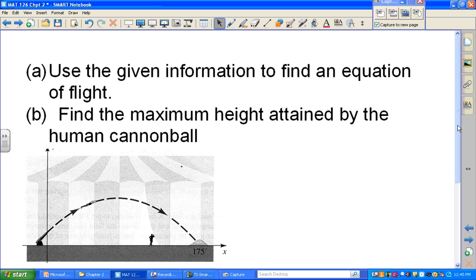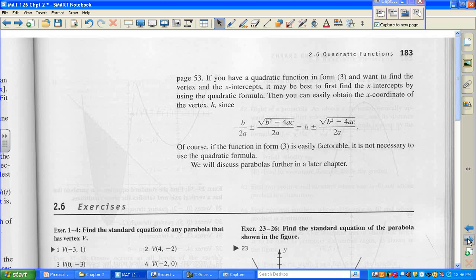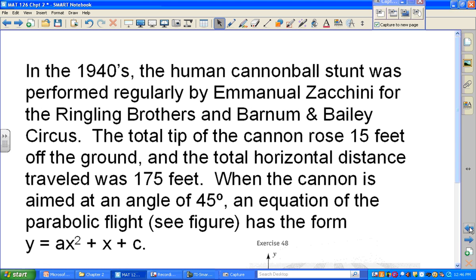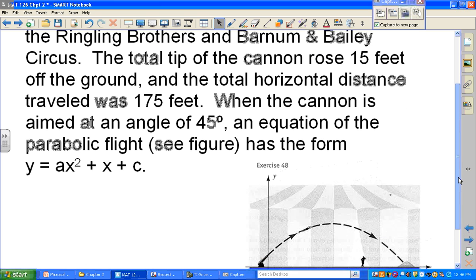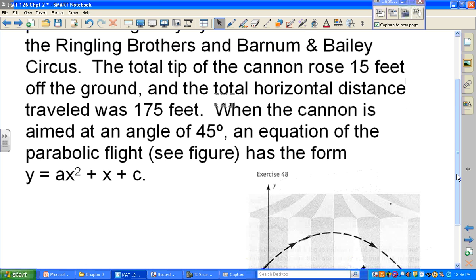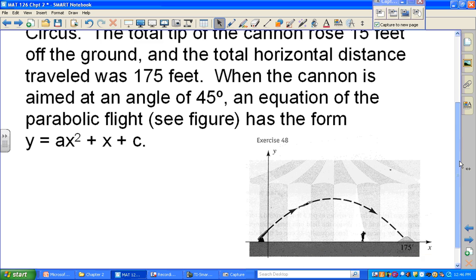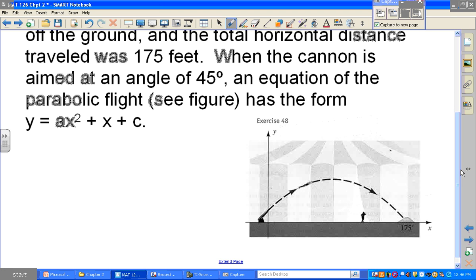What given information? That's hard. How would you do that? Well, it says the tip of the cannon rose 15 feet, and the total horizontal distance traveled was 175. So they traveled 175 feet.